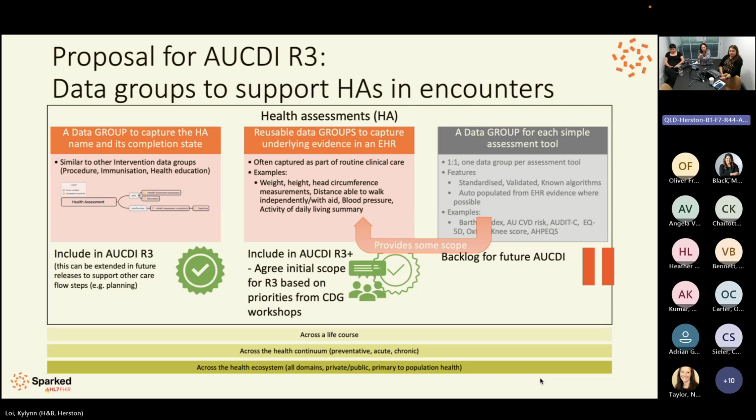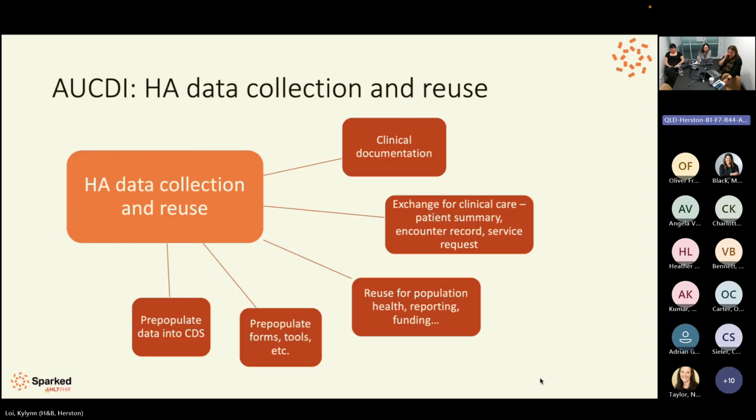Obviously, we're also looking at those reusable data groups, and that's where we start to think about the functional assessments and the child development information, where we're looking at data groups for actually modelling out the assessment tools specifically. That's in the backlog and won't be included in R3, but we obviously have used and will continue to use that to drive the scope for those reusable data groups that we want to add into R3. So I might pass to Nai now.